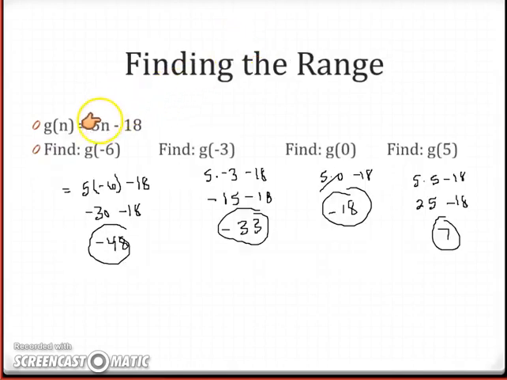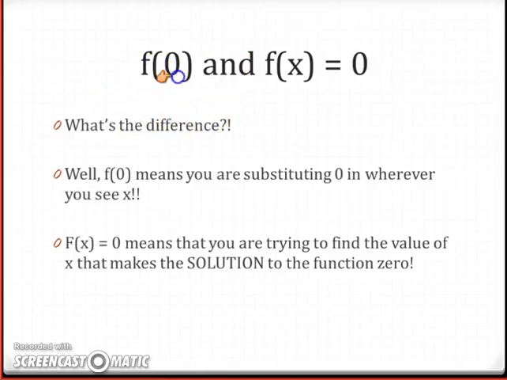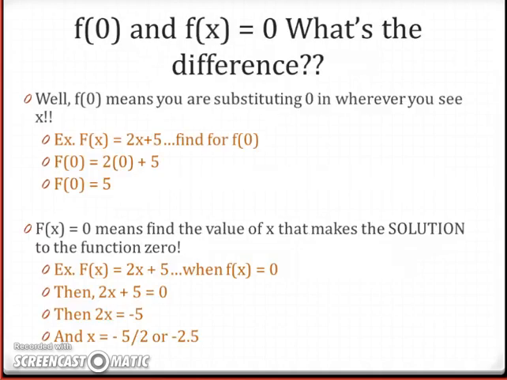Just like this example where this number is what you plug in, when there is a 0 in here, that's the number you plug in for the variable. When it's f of x equals 0, this means you're trying to find the value of x that will make the entire solution to the function 0. So it makes the equation equal to 0. In this example, you're trying to figure out what value of x makes that equation equal 0.